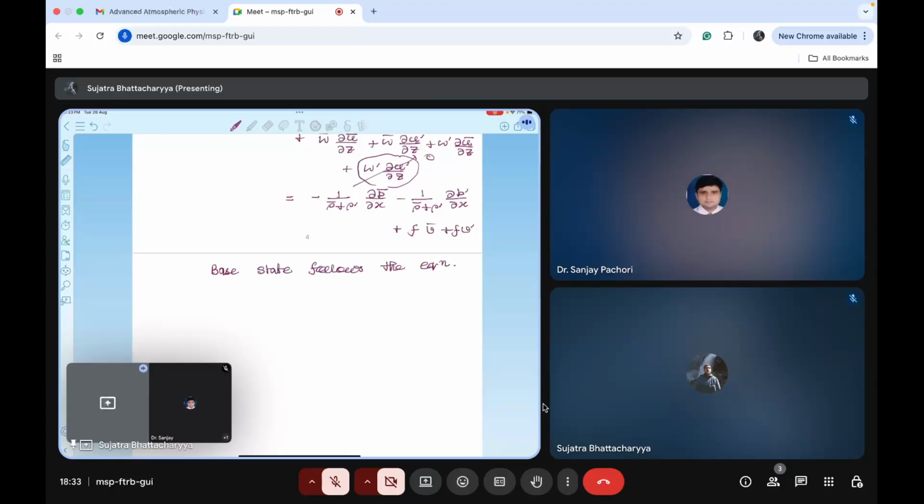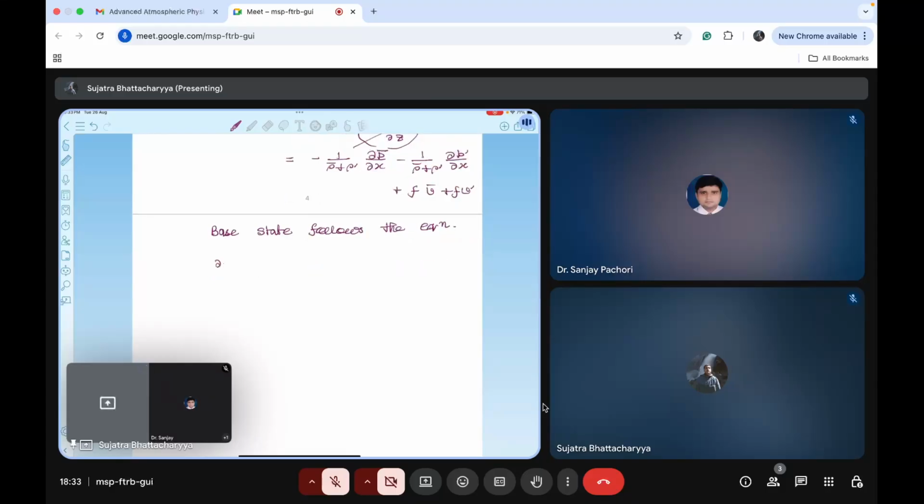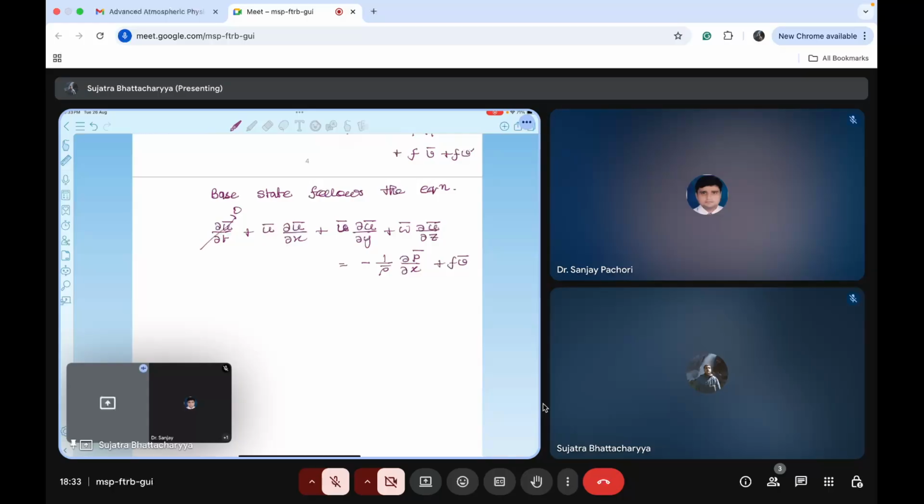Then it will look like ∂u bar/∂t plus u bar ∂u bar/∂x plus v bar ∂u bar/∂y plus w bar ∂u bar/∂z is equal to minus 1 by rho bar ∂p bar/∂x plus f v bar. Isn't it? Now this is already gone, it's not there because u bar is a time average. This thing is still there.